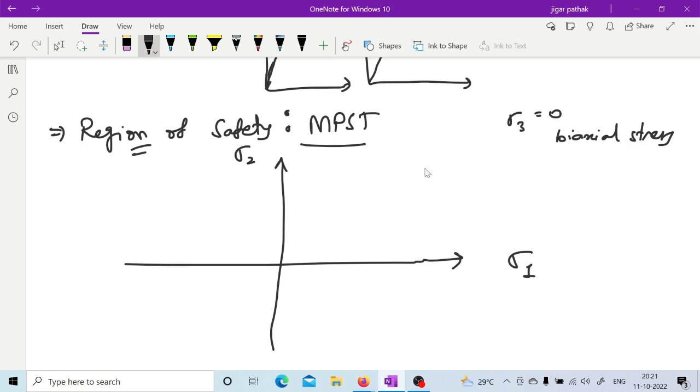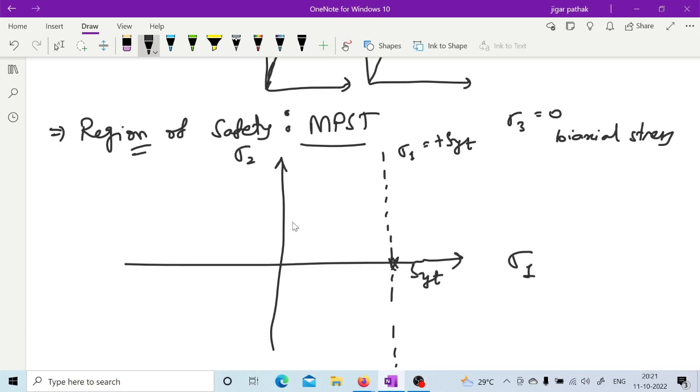So we can consider 4 different cases. In the first case, if sigma 1 is greater than sigma 2 and it is tensile, then let us say this may be the S_yt. So there must be a line passing through this point. Sigma 1 is equal to S_yt, it is the limit for this component to fail.